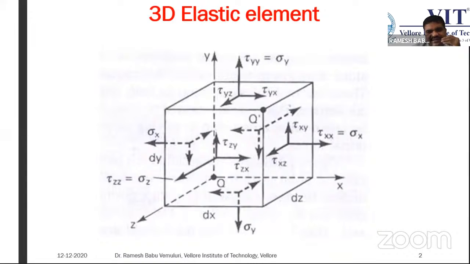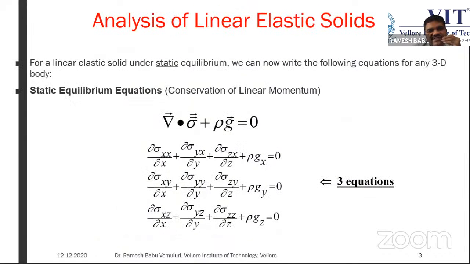The opposite faces are subjected to the same amount of stress in the opposite direction, so that this element is in static equilibrium. If any variation is there, then some elastic deformation will occur. That's what we will discuss in strength of materials. So this is about the analysis of the linear elastic solid.